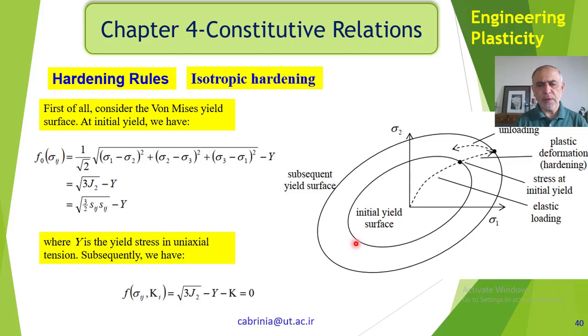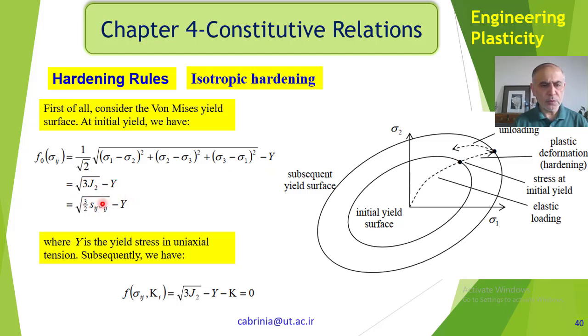F0(sigma_ij), for the initial yield surface, was like that: (sigma1 minus sigma2) squared, plus (sigma2 minus sigma3) squared, plus (sigma3 minus sigma1) squared, the square root of which over root 2 minus y. When you put it equal to 0, you get this equal to radical 2 y, and if you square that, you get that equal to 2y squared.